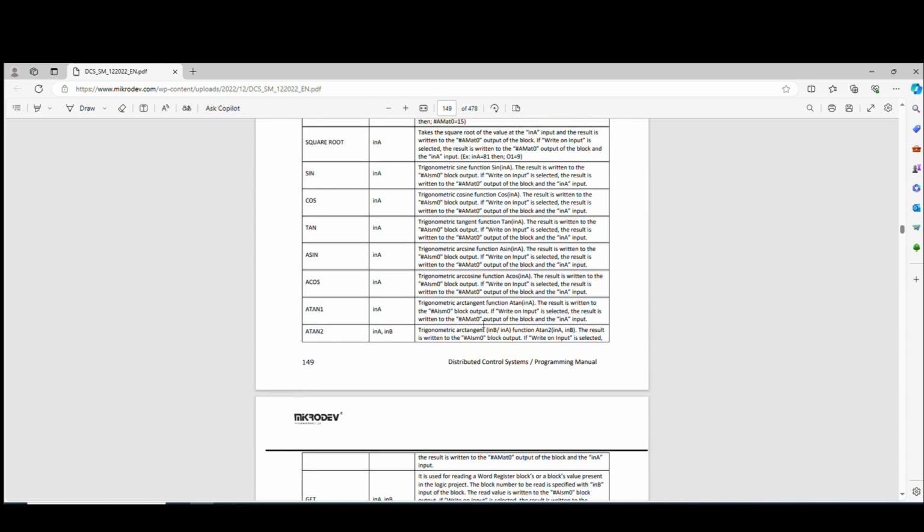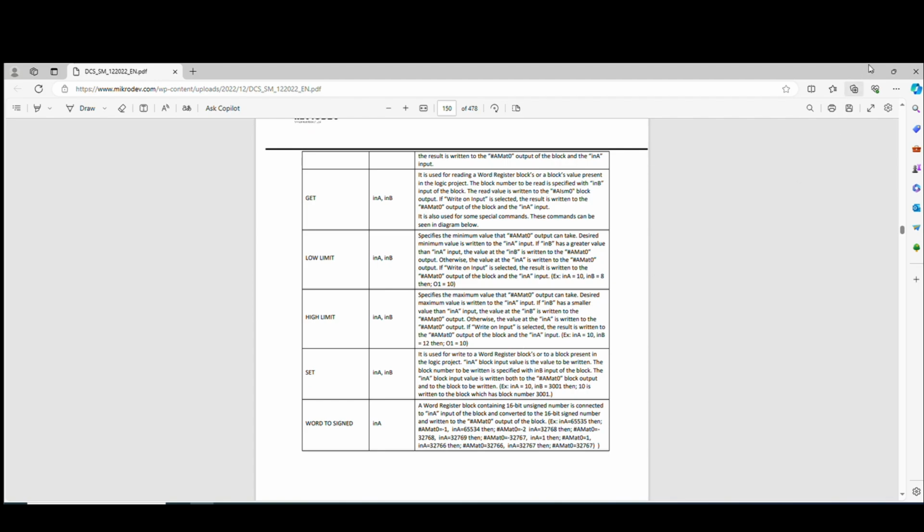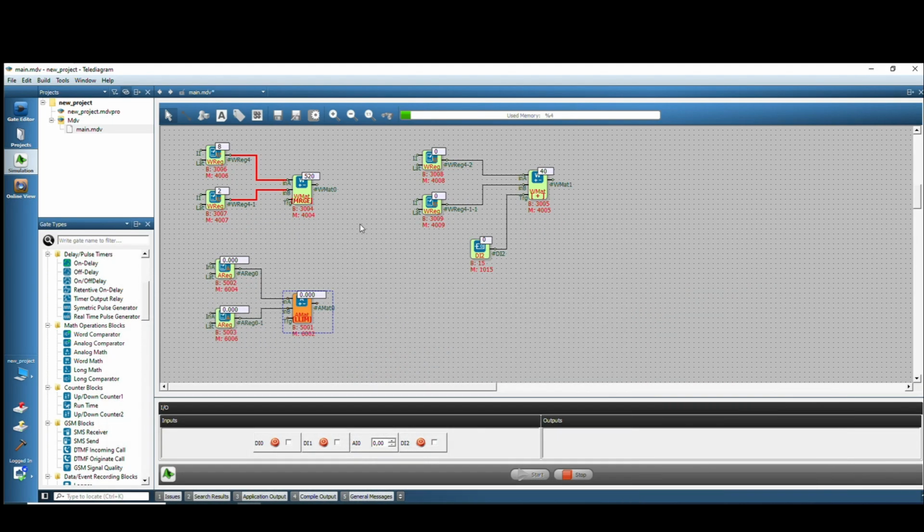By the way, let's see the differences in arctangent in the explanation section. Trigonometric arctangent function. The other is also the trigonometric arctangent of in B over INA.